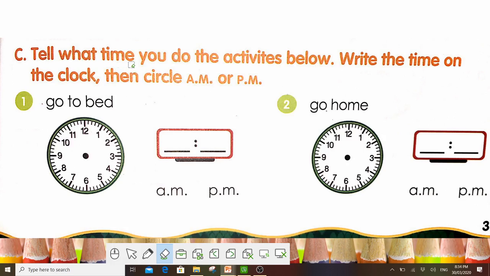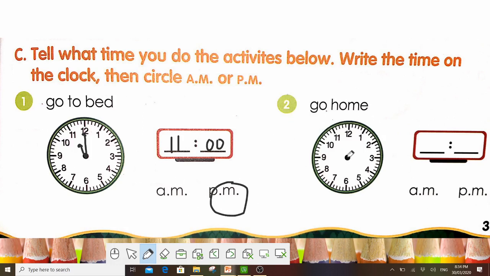Till what time you do the activities below, write the time on the clock, then circle a.m. or p.m. Okay. Go to bed. I go to bed at 11 o'clock. So in the digital form, 11 and 0 minutes. 11 a.m.? No. p.m. Go home.